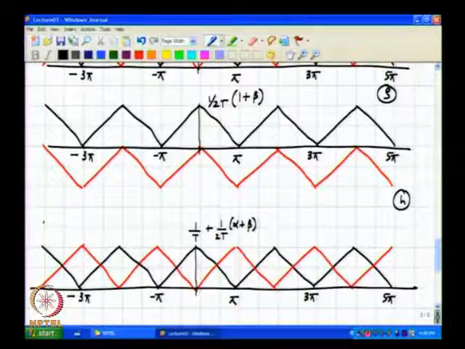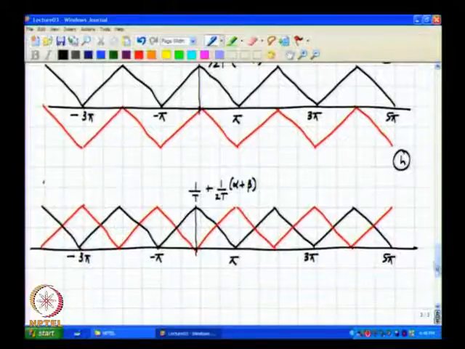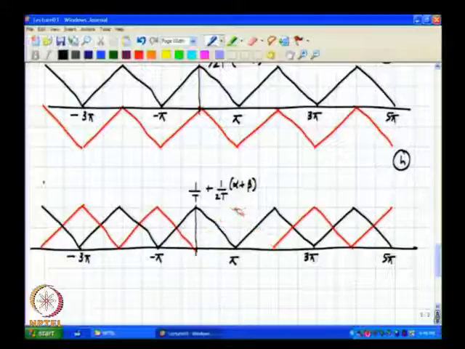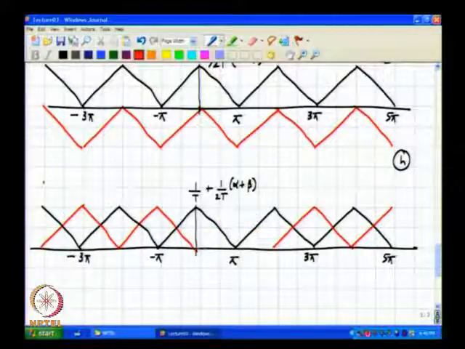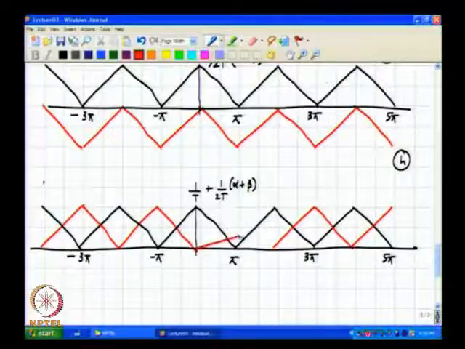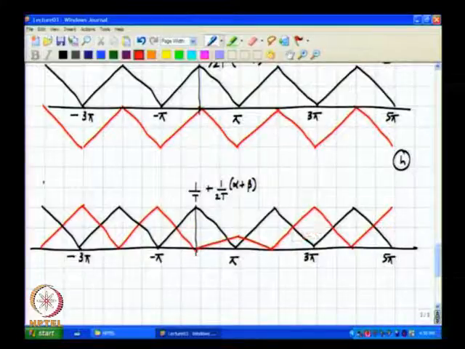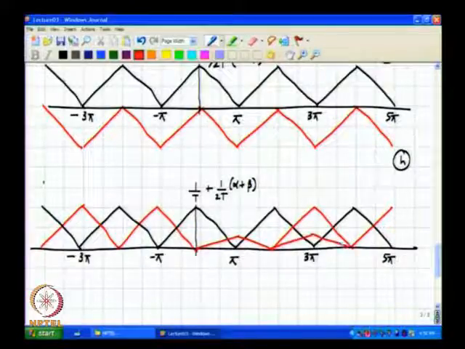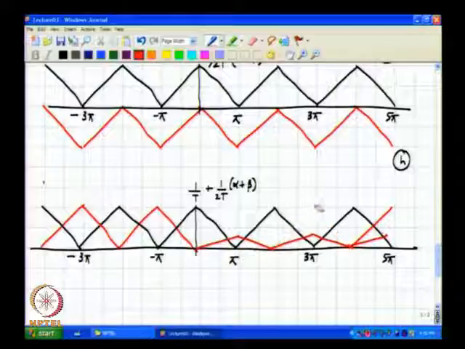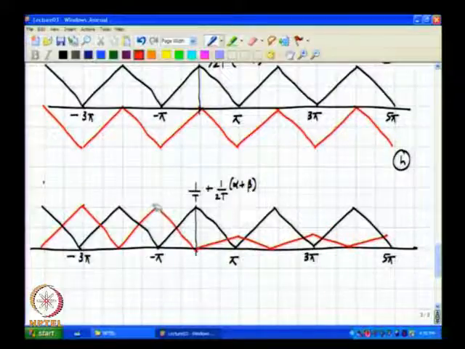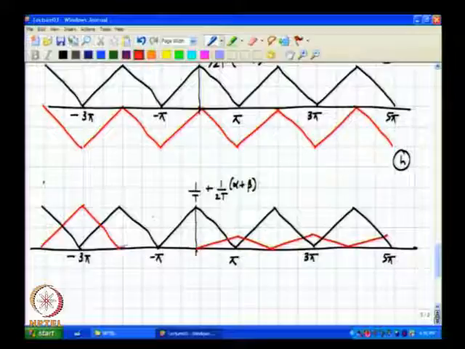So the strength of the black images will be 1 by t plus 1 by 2t times alpha plus beta. The red ones, however, will be, this is somewhat exaggerated, because the cancellation is not perfect anymore.